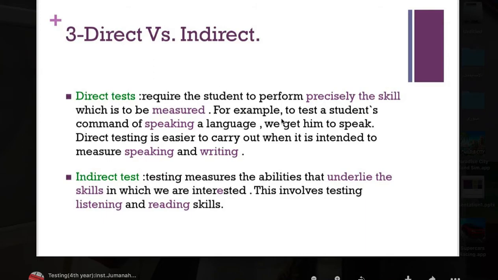So, this is indirect. Indirect testing then measures the abilities that underlie the skills in which we are interested. I check your grammar and vocabulary in your responses, but in fact, underlying this, I see whether you listened or read or not.